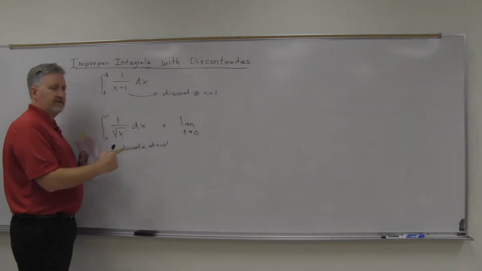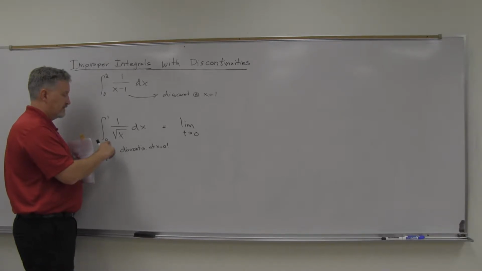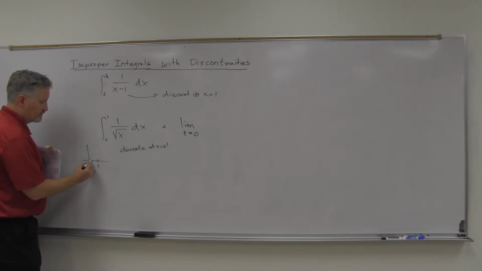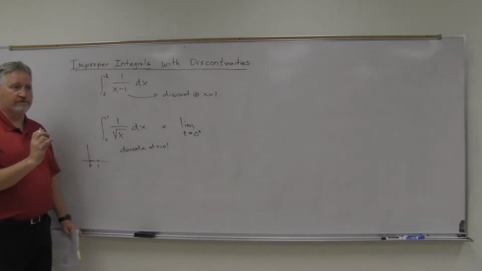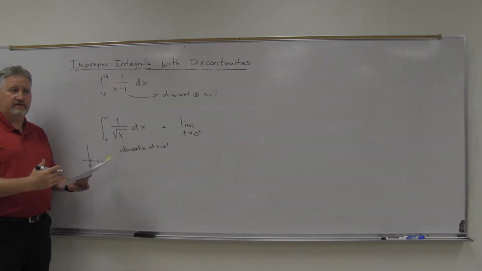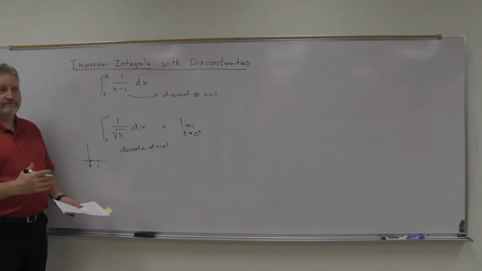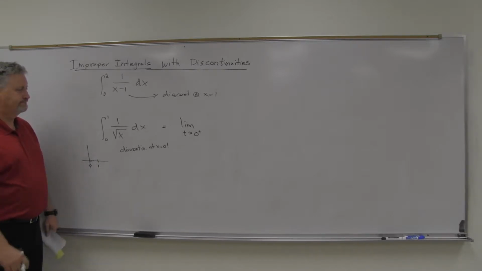Thinking about the graph, I'm going from 0 to 1, so I want to approach 0 from the right. That's important sometimes, because it can make a difference between infinity or negative infinity, or converging or diverging. So it's 0 from the right.